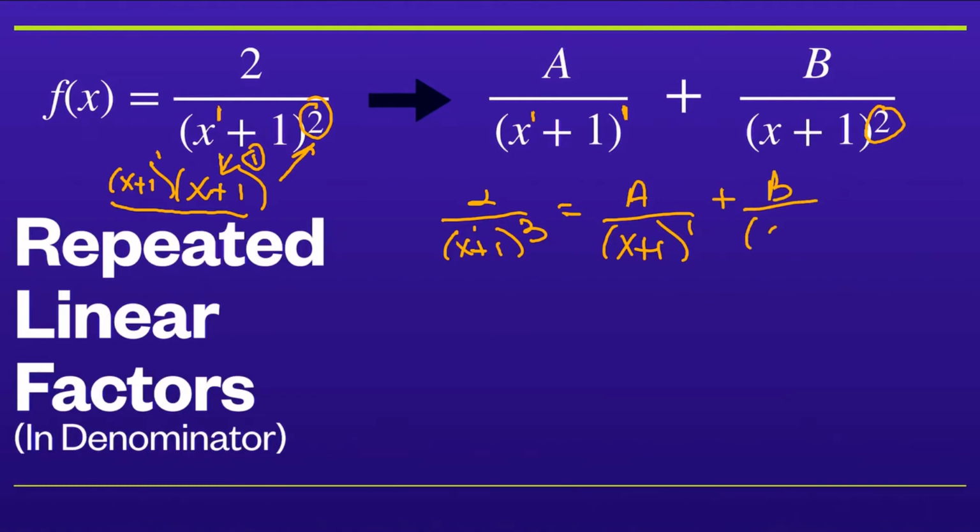It will be B over x plus 1 to the second power, and we would need a third fraction for x plus 1 to the third power. Okay, so that's how that is going to work out. Like I said, if this was a power of 3, we're going to need a fraction for all 3 of those powers: first, second, and third power. And that's how you have to handle the repeated factors in your denominator.